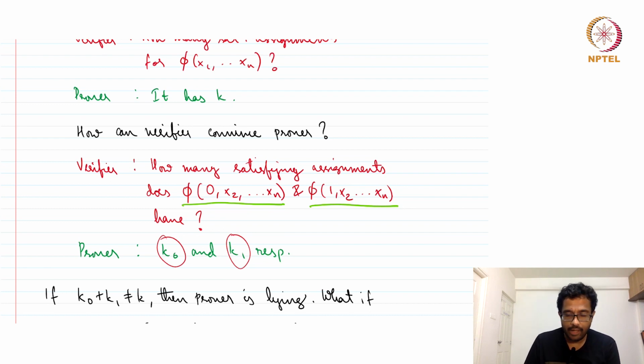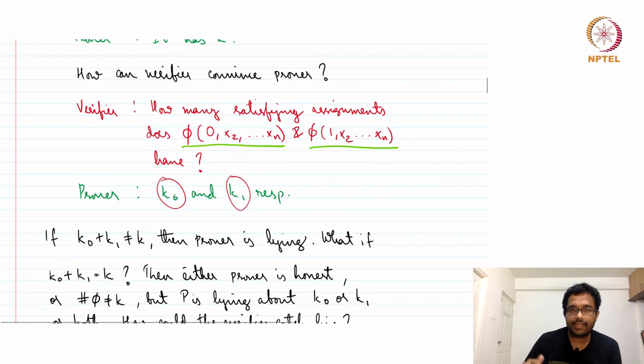Now the total number of satisfying assignments should be the sum of these two. So the verifier could check whether k is equal to k0 plus k1, and if k is not equal to k0 plus k1, then the verifier can immediately reject.